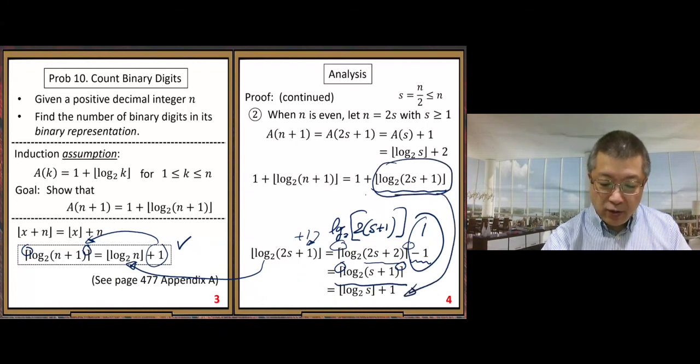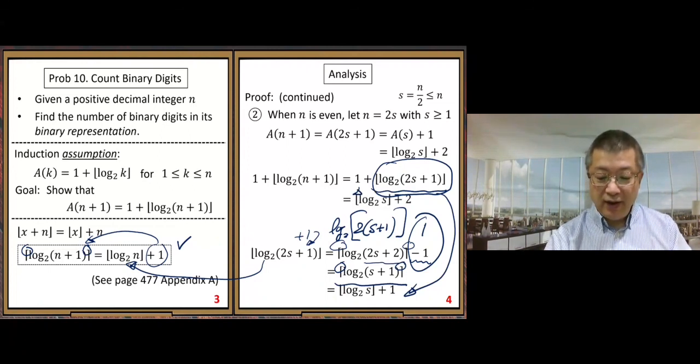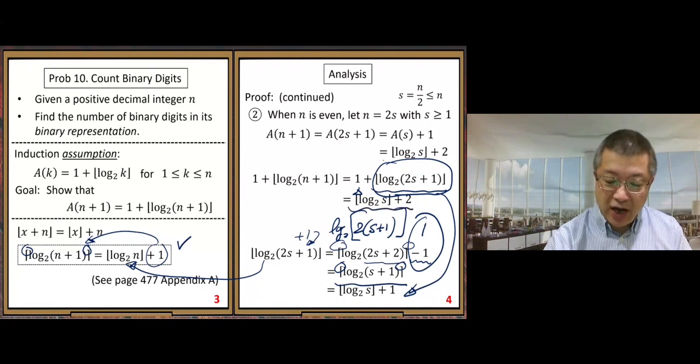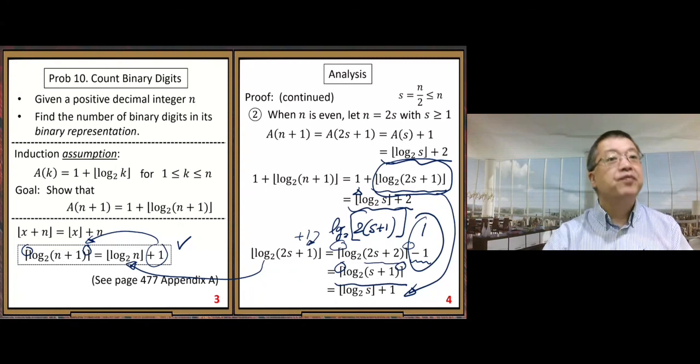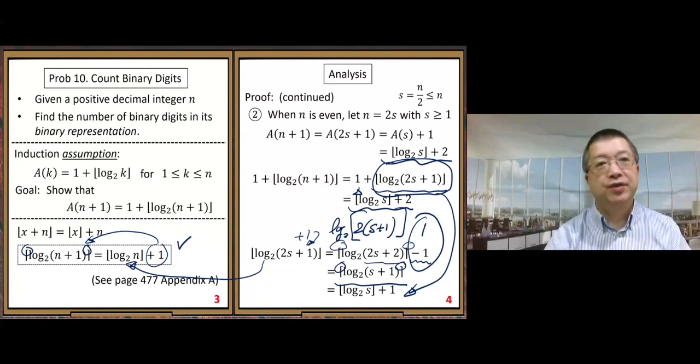We have another 1 there, so plus that 1 again. Then we have this 2. So compare the left-hand side and the right-hand side. Are they the same? Yes, they are the same.